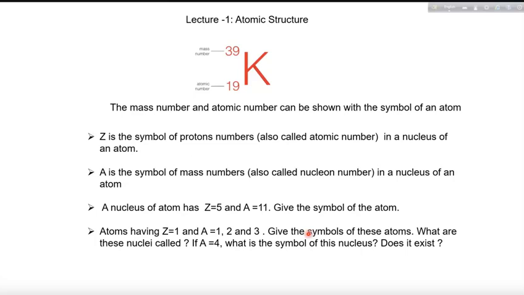I should have shown here without potassium; this K is the symbol of potassium. Without potassium, a symbol like S would represent the symbol of an element.